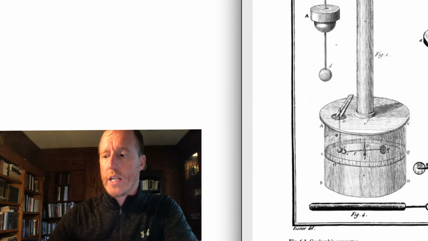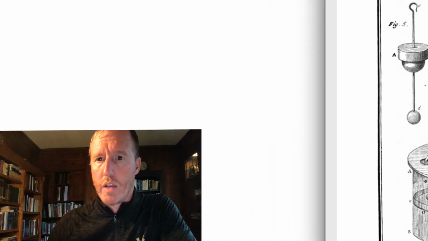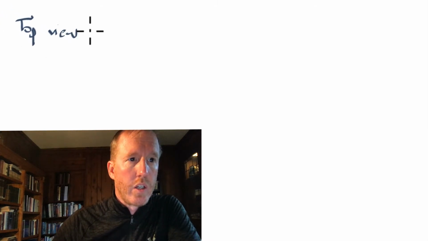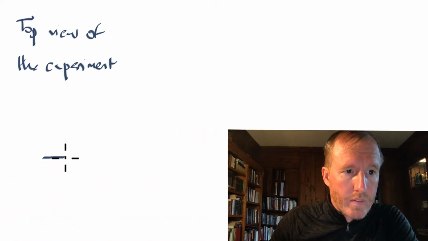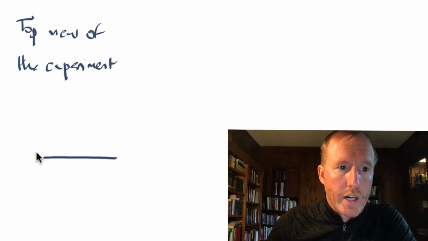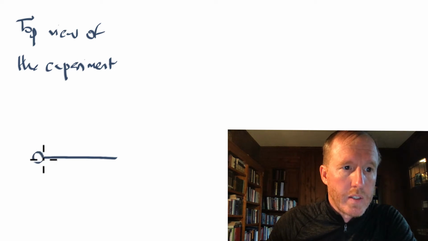So let's draw a top view. Imagine if you were looking at this apparatus from the top looking down. So this is a top view of the experimental apparatus. And when you do that, originally this rod with the ball on it is in contact with this other ball.